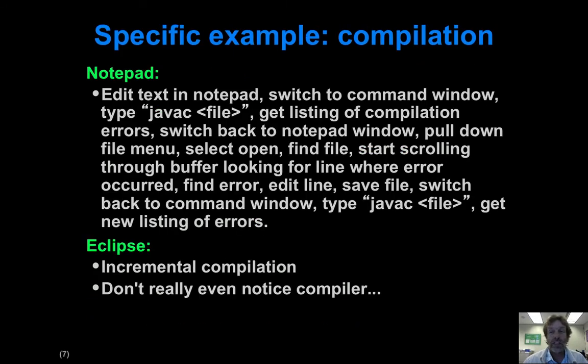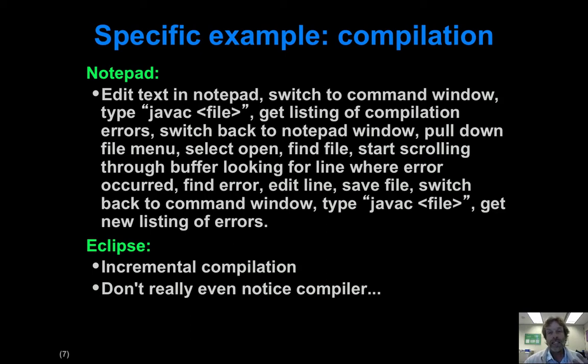So in Notepad, for example, or any kind of dumb editor, if you tried to compile a file, there's this lack of integration, lack of language awareness, which means that you're not going to see certain errors as quickly, and you have to go back and forth between a terminal window where you're compiling things and the editor window where you're fixing things, and it's a lot of context switching.